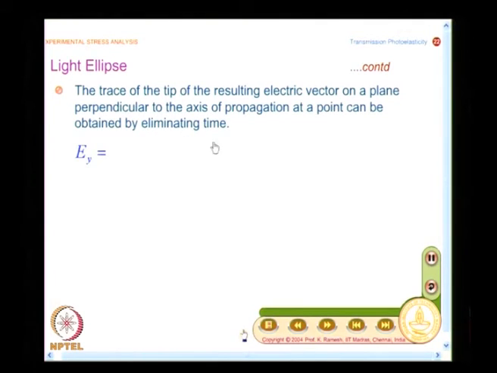I have already mentioned that to carry on with photoelasticity, you need to brush up your trigonometric identities. We will use several of them, even for this development, to simplify the set of expressions.